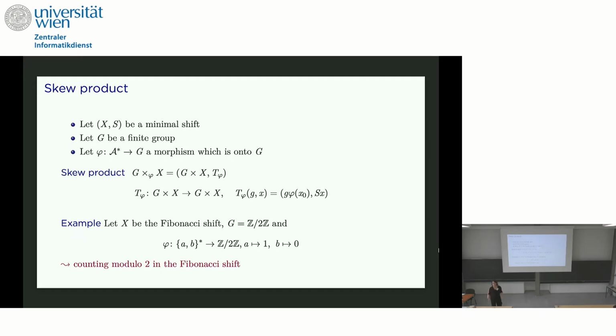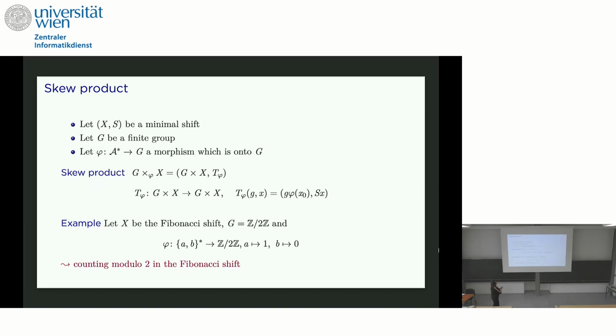So what is the relation with the beginning? The Fibonacci shift is a Sturmian word, so it codes the number of visits of the rotation by the golden ratio mod 1 on some interval of length 1 minus the golden ratio. So counting modulo 2 in the Fibonacci shift has to do with my original question, which was to see how often you visit an interval modulo 2.